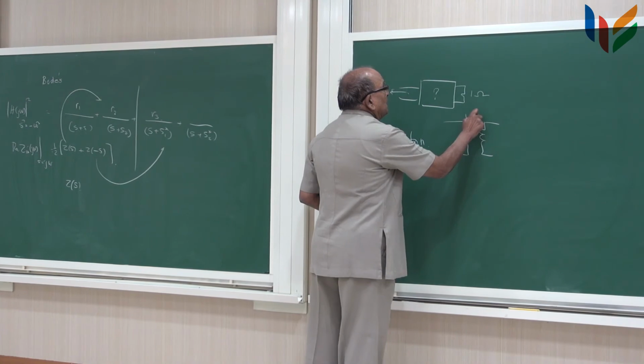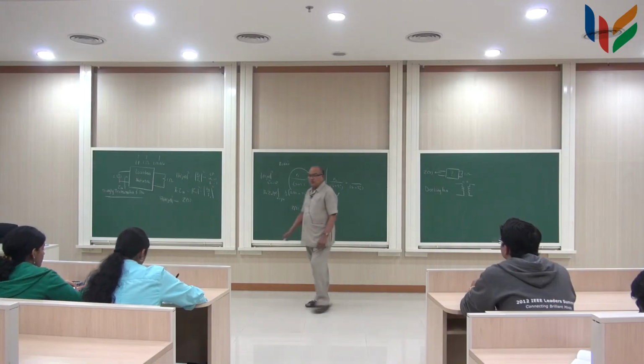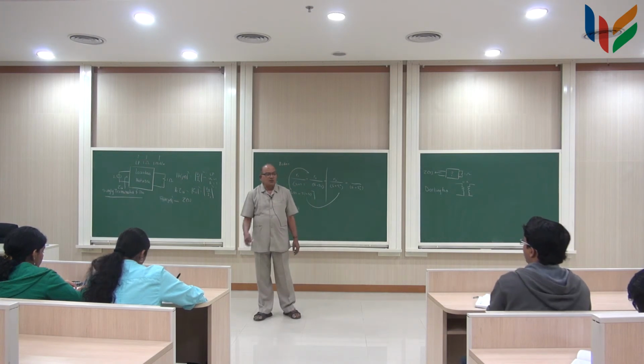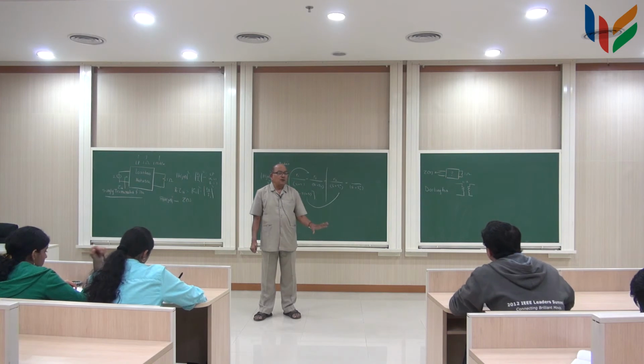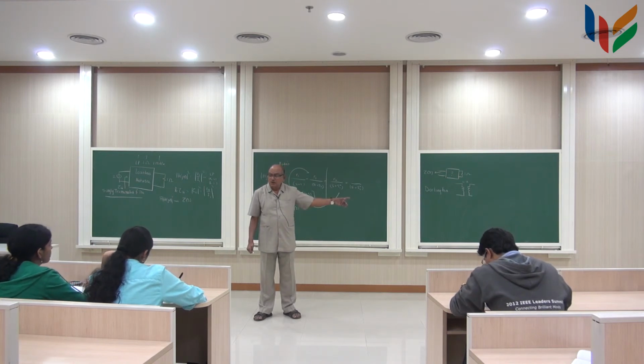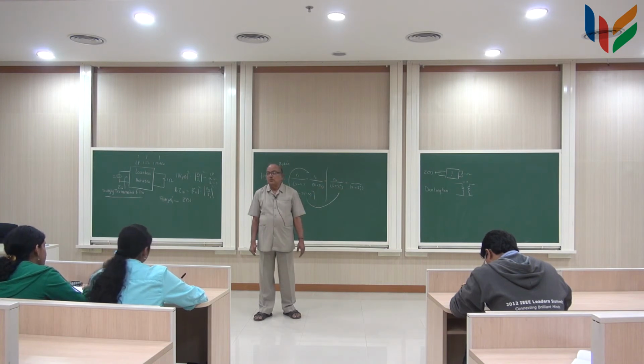The transformation ratio is 1:n. Voltages are in the ratio of 1:n, currents are in the inverse ratio. That is the ideal element. No practical transformer comes anywhere near that. So such elements are required in the Darlington method.